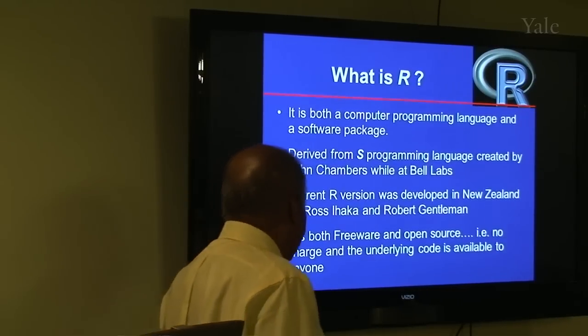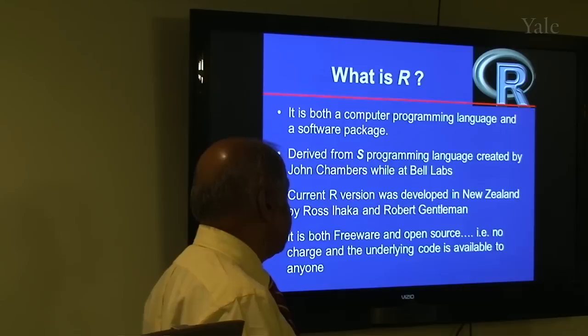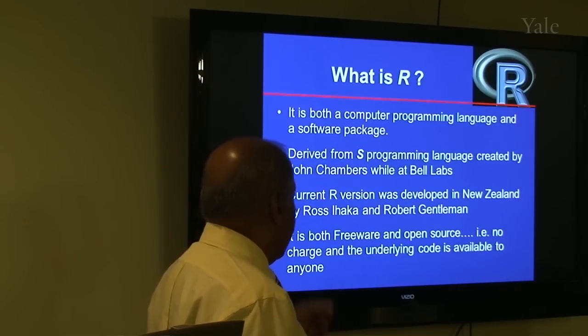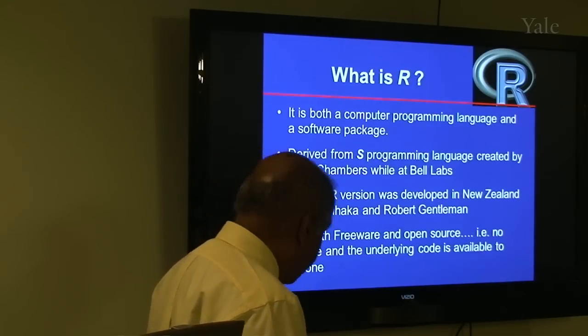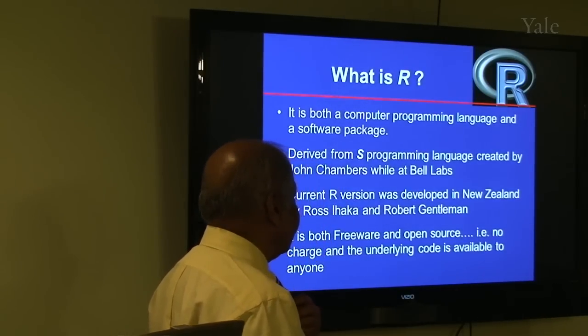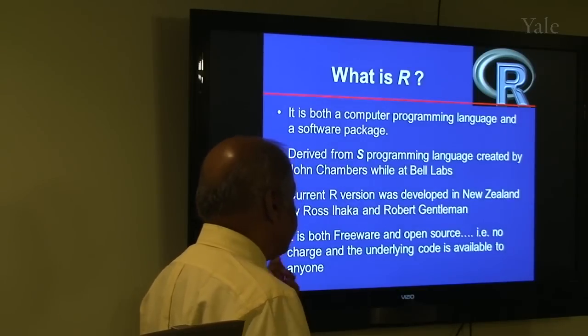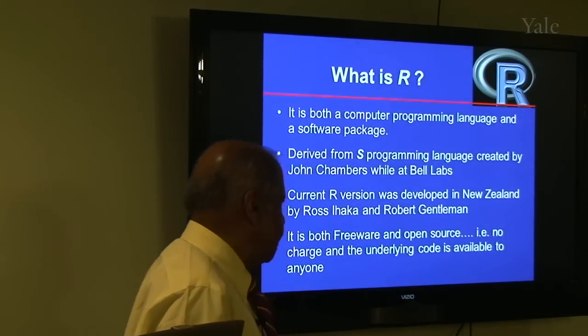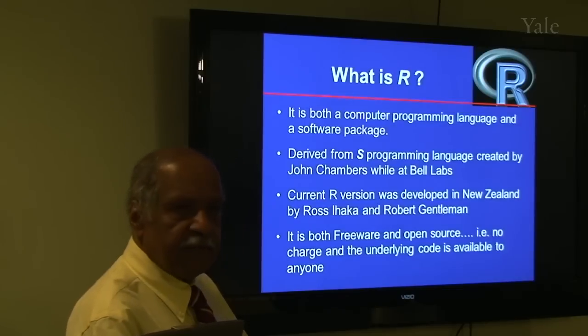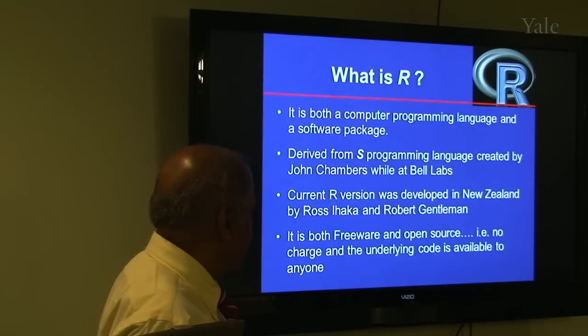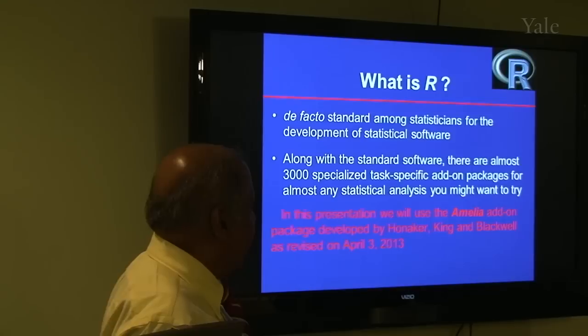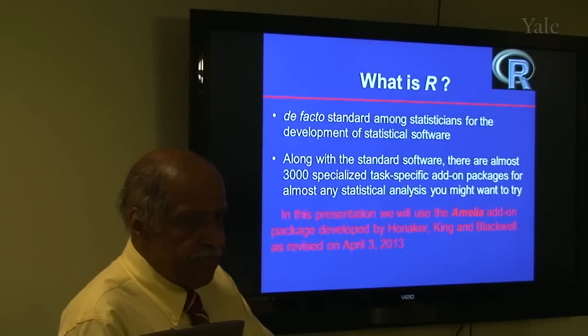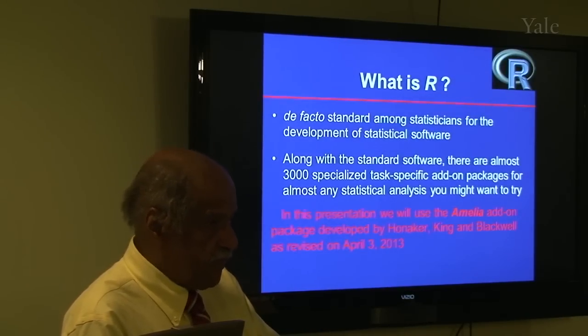It's not him. At any rate, the current version was developed in New Zealand by Ihaka and colleagues. It's freeware and open source. There's no charge, and the underlying code is available to anybody. That's why there's so much in it. And it has become the de facto gold standard. It's considered the most publishable, most consistent.